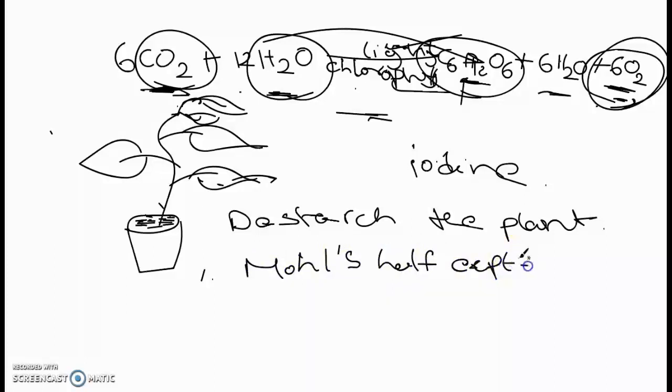Why is this experiment conducted? This experiment is conducted to prove the importance of carbon dioxide in photosynthesis. Through this experiment, we prove that without carbon dioxide, the process of photosynthesis is impossible.